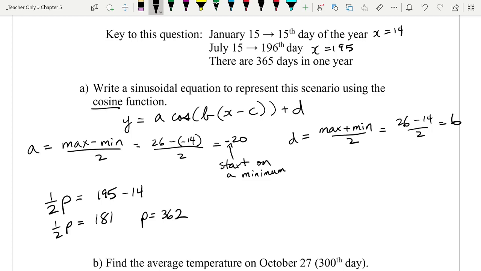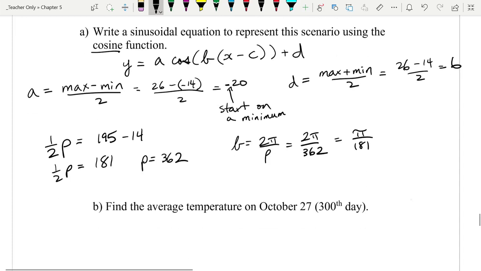Now you might be thinking, wait a minute, shouldn't the period be 365 days, a year? I don't think so. We'll see. Anyway, if period's 362, B is 2 pi divided by period, which is 2 pi divided by 362. I can simplify that fraction. It's pi over 181.